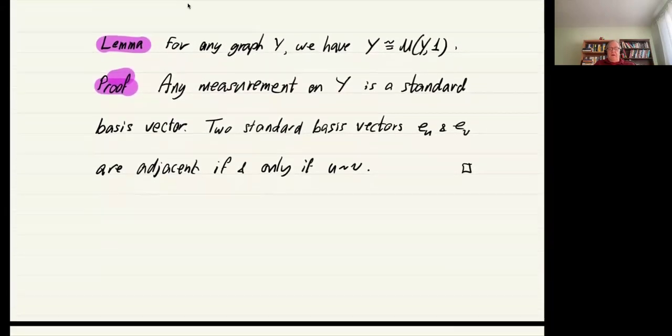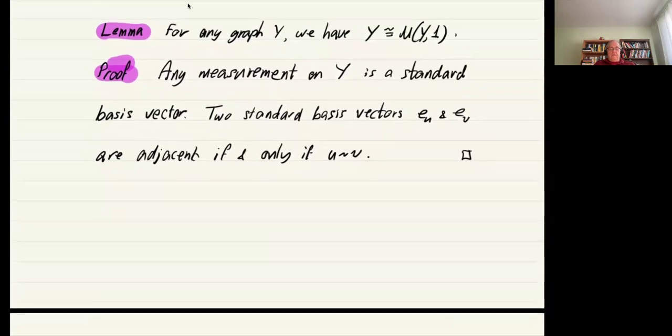And so the measurement graphs are fairly difficult to visualize, and I don't spend much time trying, but one case which is fairly easy: if the index of our measurements is 1, in other words, if they're the quantum homomorphism 0-1 matrix, then it's easy to verify that a graph is isomorphic to its measurement graph M_Y^1. Basically any measurement of Y assigns standard basis vectors to each vertex of Y. And the rule is that the two standard basis vectors are adjacent if and only if u is adjacent to v.